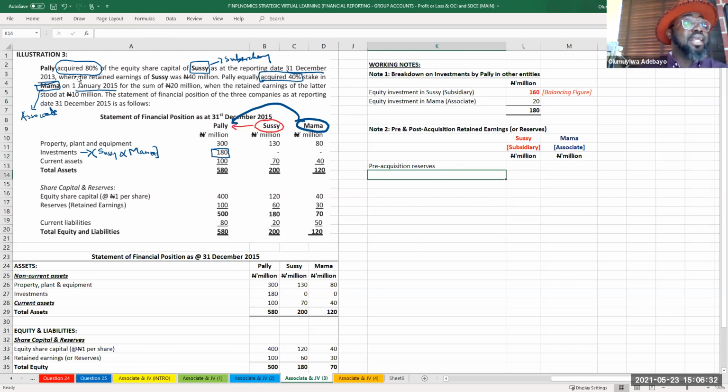From the information here, as at 31st December 2013, when Pali acquired Suzy, the reserve was 40 million. We'll put 40 here. Whereas, as at the time Pali acquired a 40% stake in Mama, in January 2015, the reserve was 20 million.